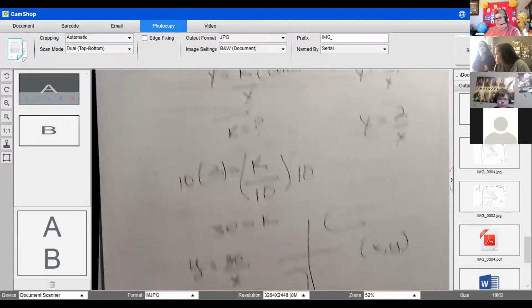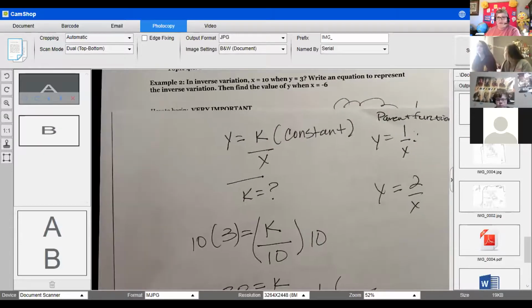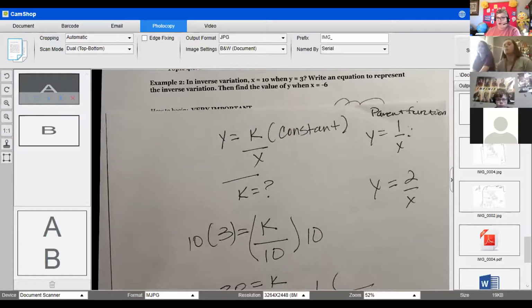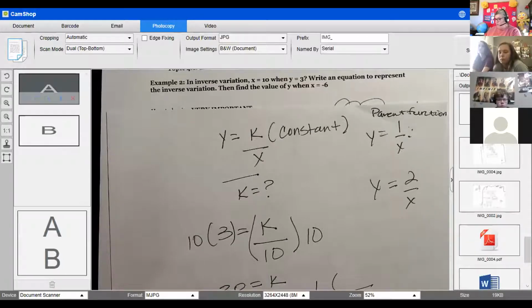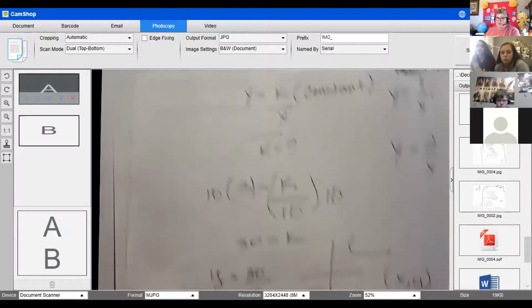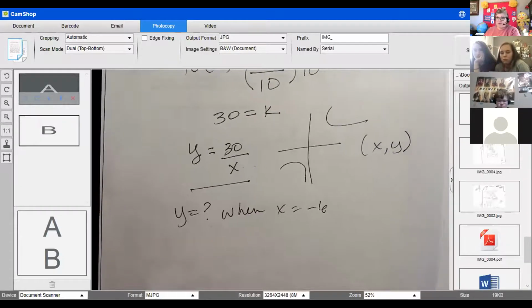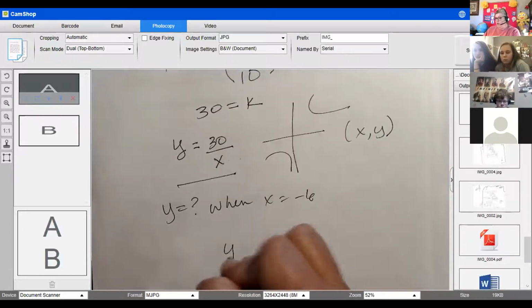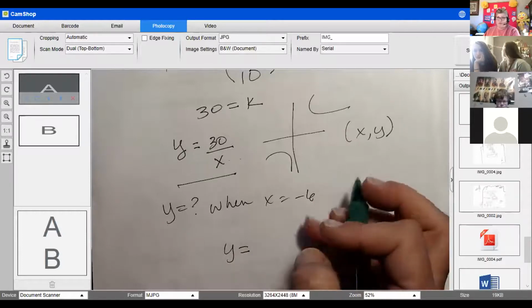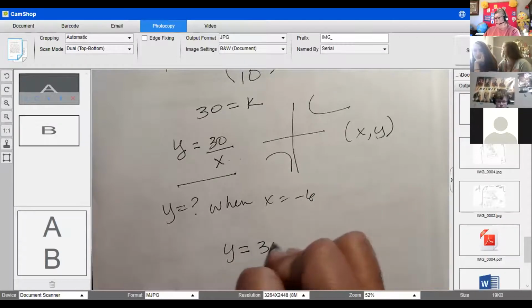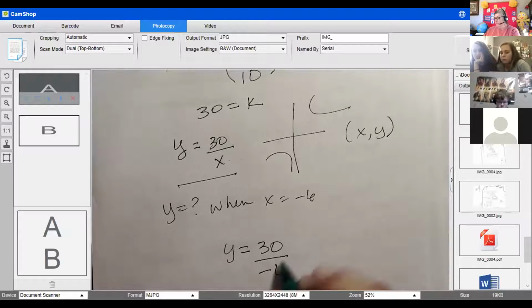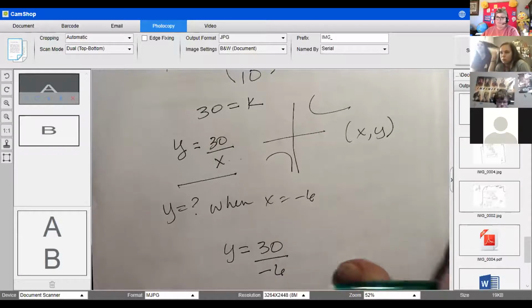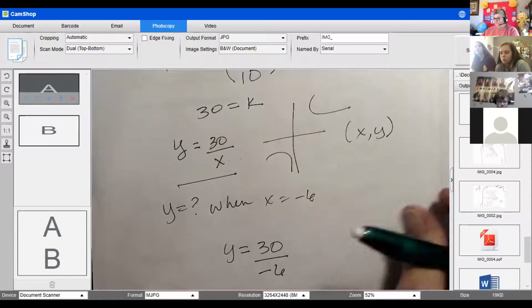So now let's look. They asked us, what is y when x is equal to negative 6? So here we have y is equal to 30 divided by negative 6. So y is equal to what? Negative 5.